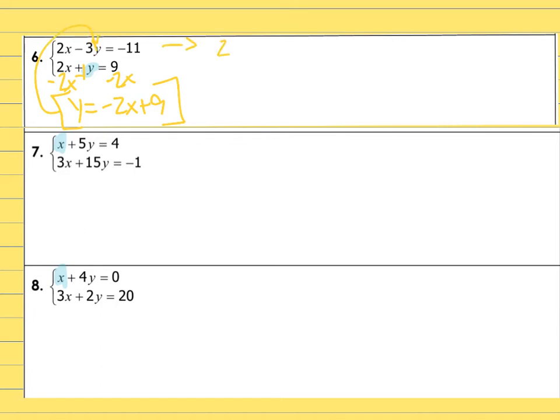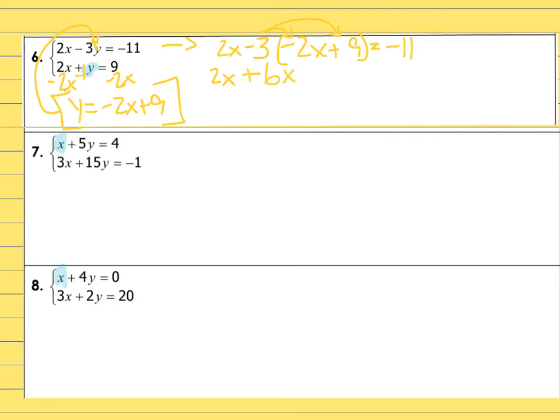So 2x minus 3y, remember what y equals. It equals that negative 2x plus 9. And it equals negative 11 total. Once again, we're going to have to distribute this negative 3. So I get 2x, negative 3 times negative 2, well, that's a positive 6.